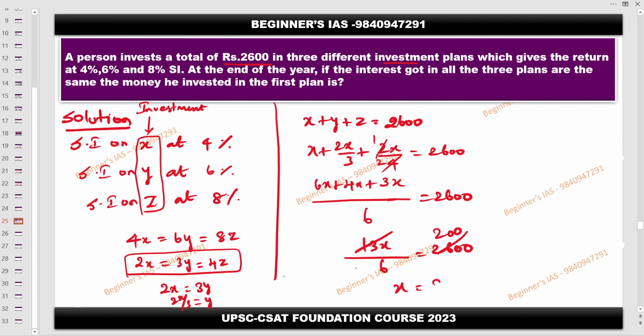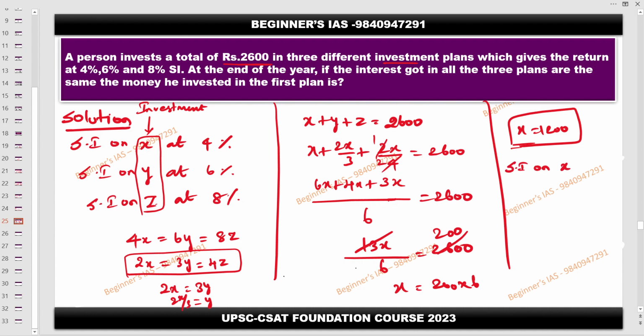So x is equal to 200 into 6, then x becomes 1200. Suppose first plan means simple interest on x at 4%, so that is the first plan. Therefore x is going to be 1200.